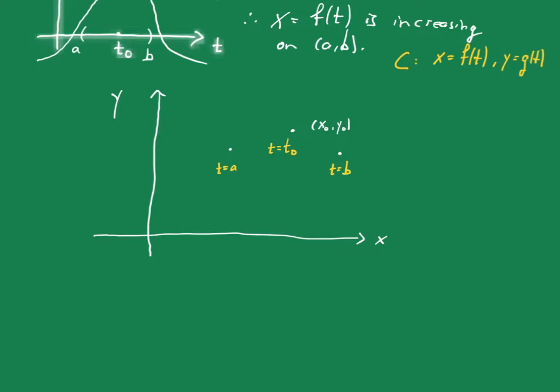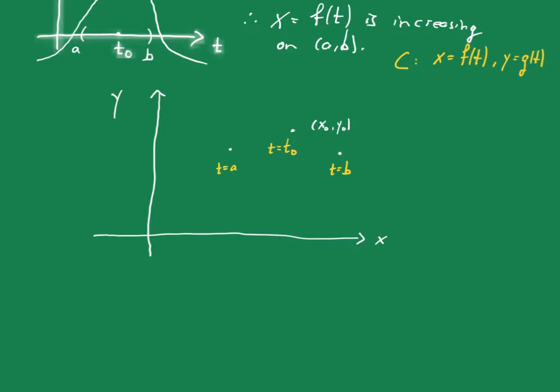So as t increases from a to b, passing through the value t equal to t naught, our x-coordinate everywhere has to increase. Well, this is our x-coordinate right here. So our x-coordinate must increase as t increases from a to b.